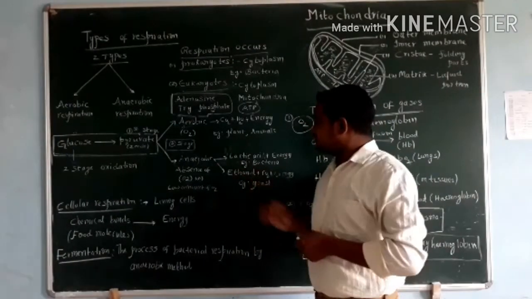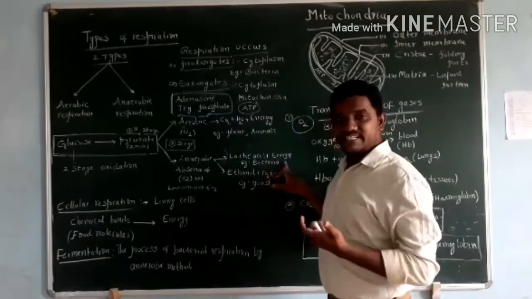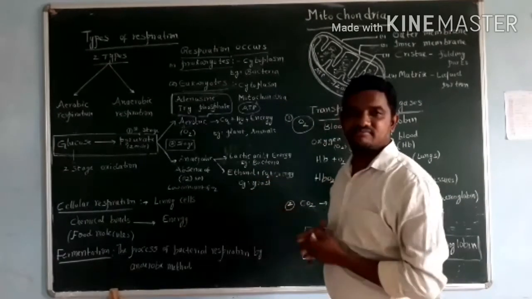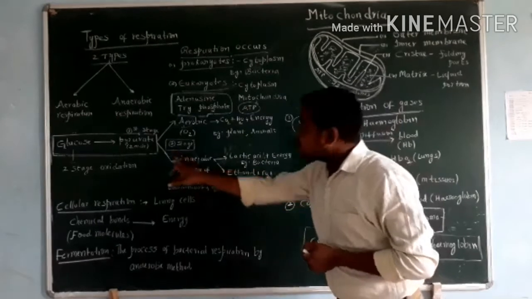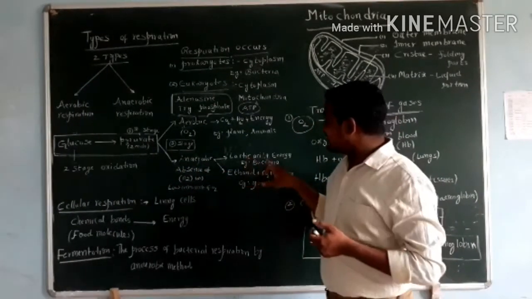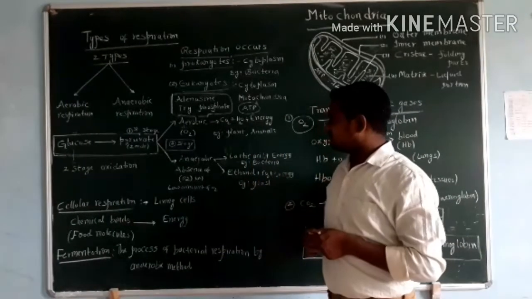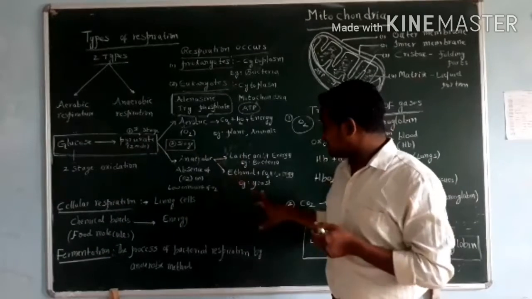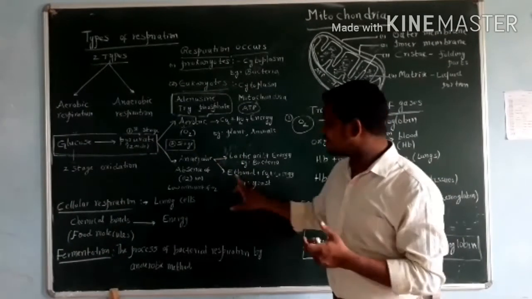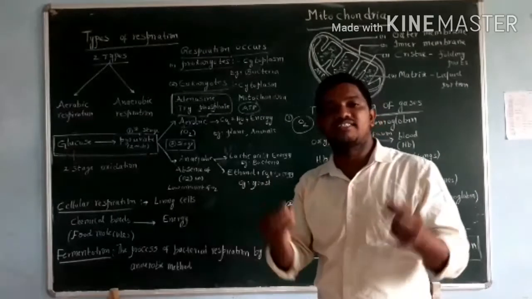It takes place in two organisms: bacteria and yeast. Anaerobic respiration in bacteria produces lactic acid and energy. Second, anaerobic respiration in yeast produces ethanol plus carbon dioxide plus a little amount of energy.